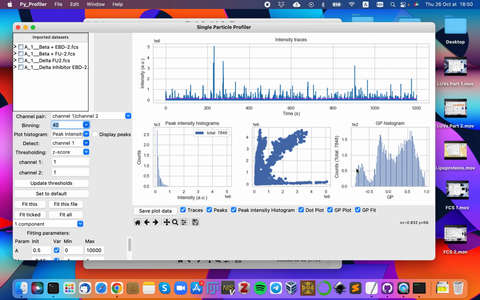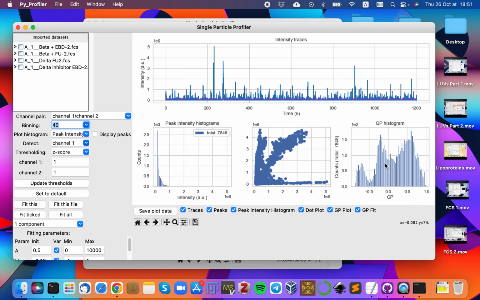So this one over here had the most binding nanobodies, and this one had less. Why this happened, I don't know, but I like to show this example because it also shows that this method can distinguish heterogeneities. And it's also visible over here that you have this one population, which most likely corresponds to this one, and this one corresponds to this one.